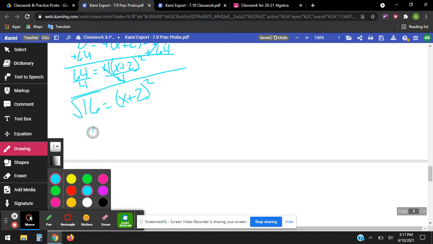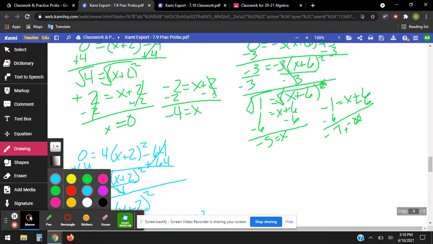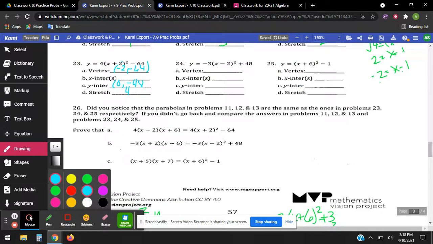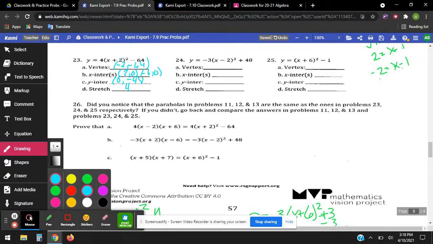So square root. 4 equals x plus 2. Negative 4 equals x plus 2. So minus 2, x equals 2, minus 2, x equals negative 6. So 2 and negative 6 for this one. 2, 0, negative 6, 0.